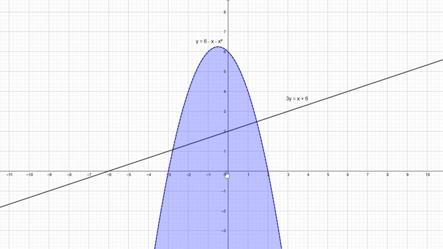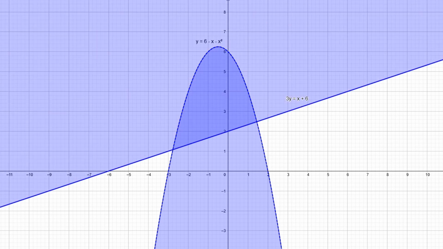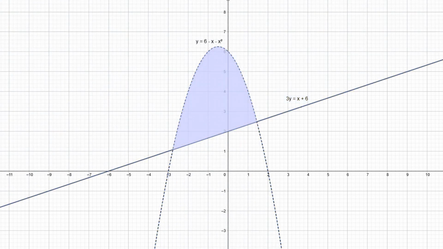We are not interested in the side of that straight line which includes the origin, therefore we are interested in this region. And now we can see where those two regions overlap. Removing the original regions, the remaining shaded region is the one that we are interested in. Once again, the straight line boundary for that shaded region is solid, the parabolic boundary of that shaded region is dotted.